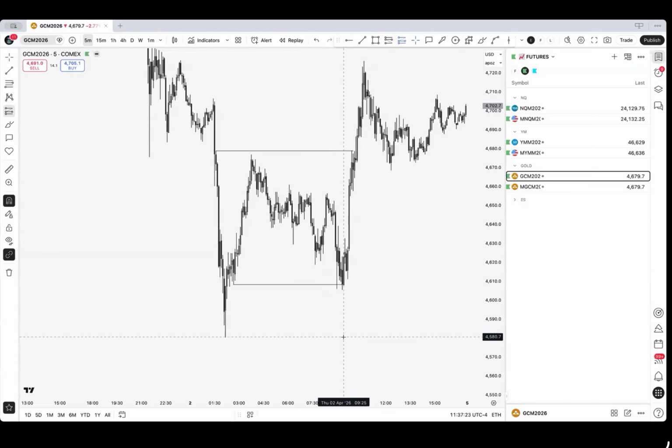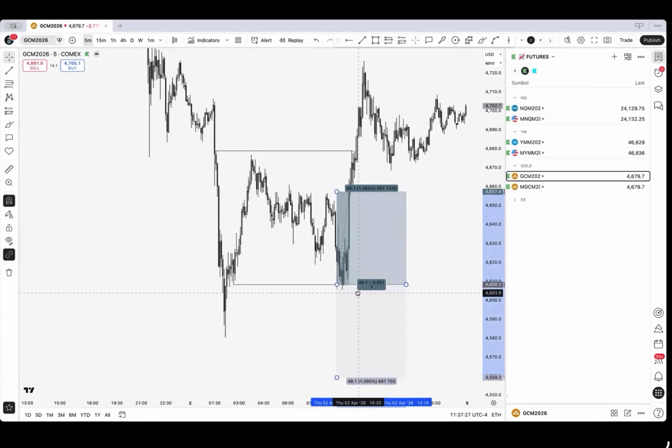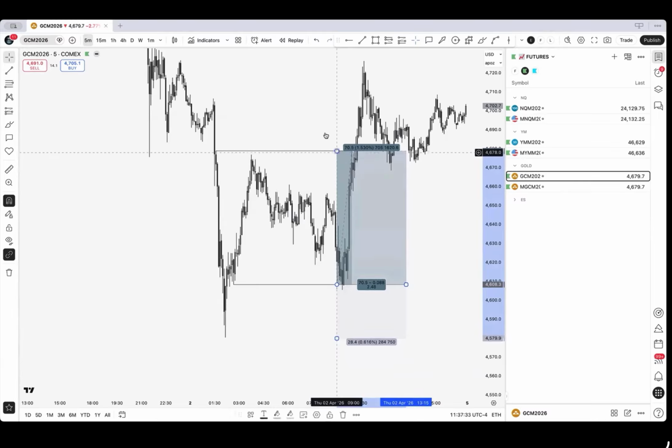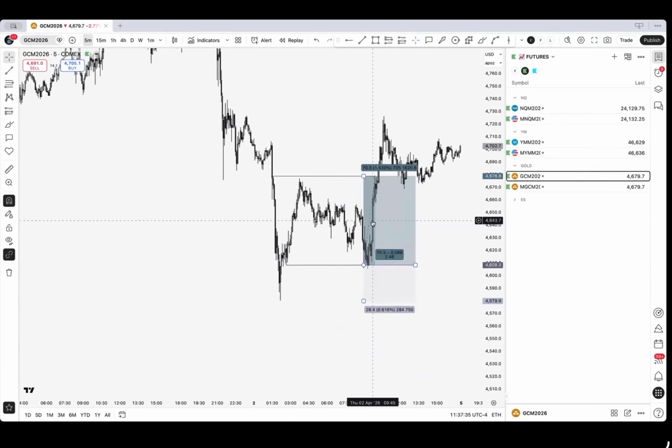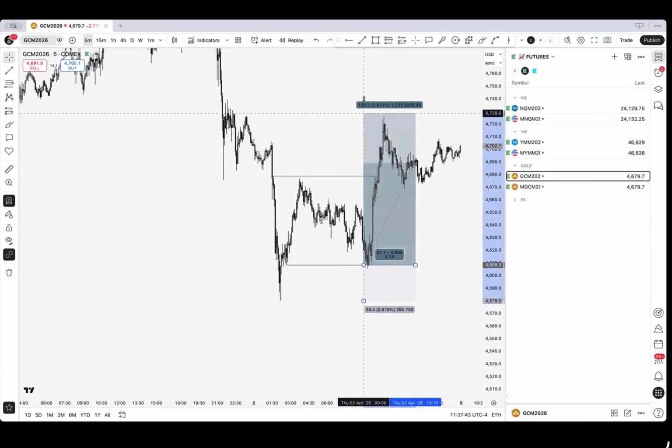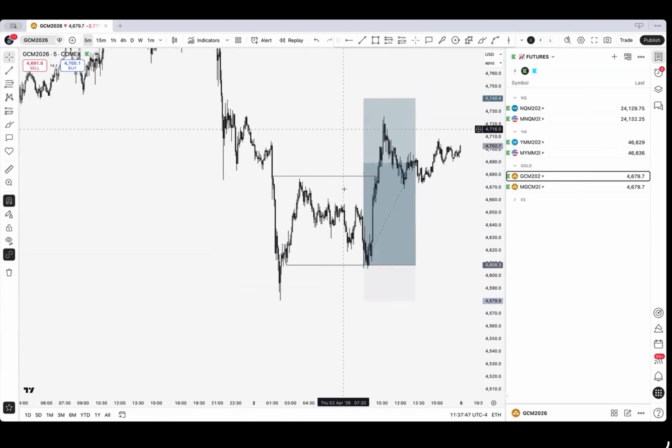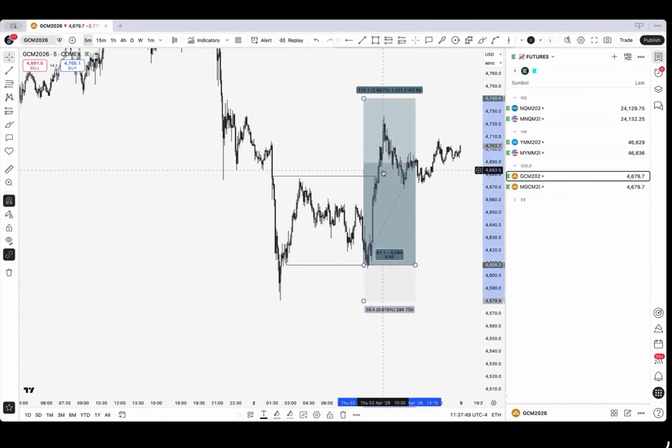In this area, I wouldn't take it because, personally, I would have wanted to target this area only. I would have expected price to have a build up from these areas again. So therefore, I wouldn't be targeting this high. But you can. It's not wrong, but I would like to just be out above here.